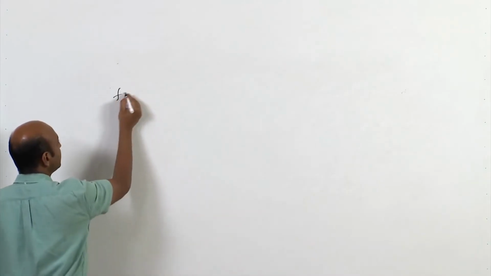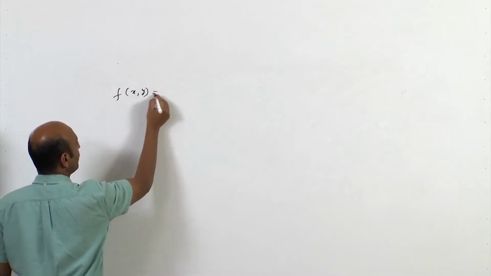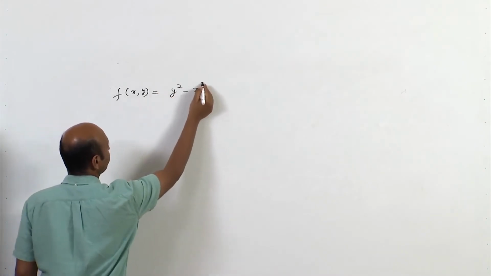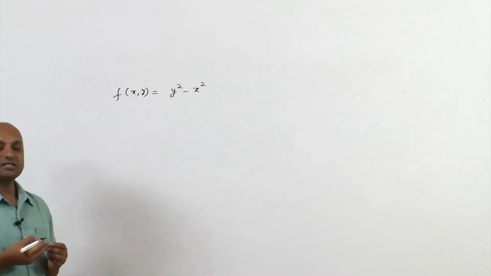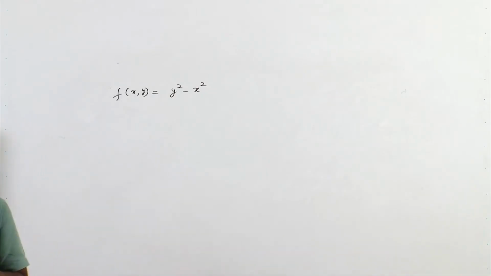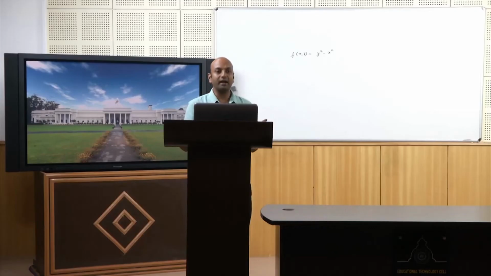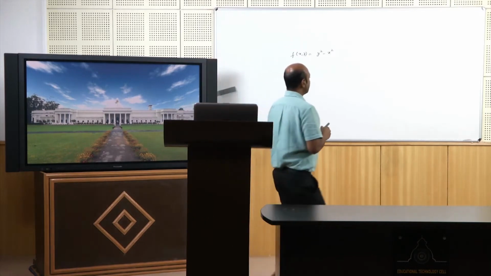So, f(x,y) is, suppose, y square minus x square. First of all, a saddle point is a critical point. So, first you find the critical point of this function. For critical point, we have three conditions.